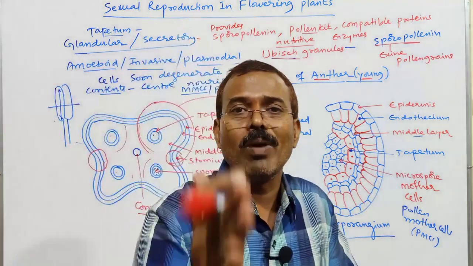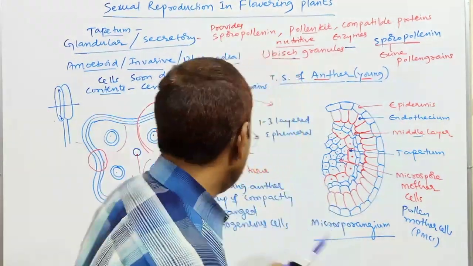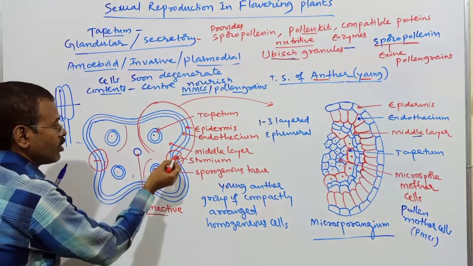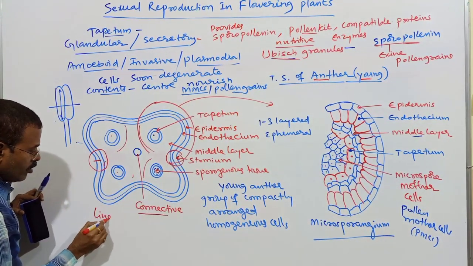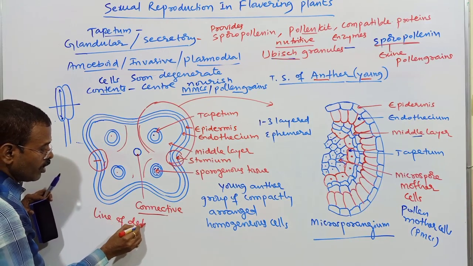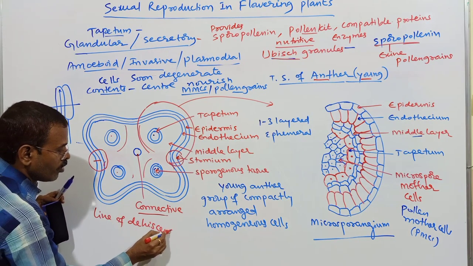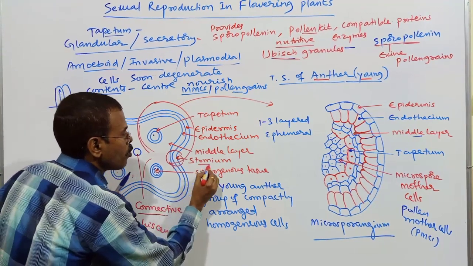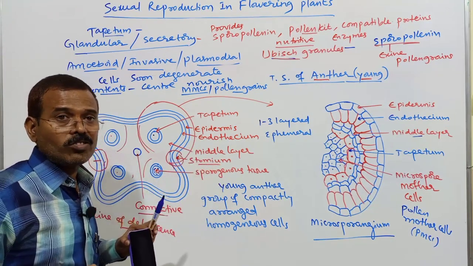The anther will split, will break in this region. This is the line of dehiscence, and the line of dehiscence is known as stomium.